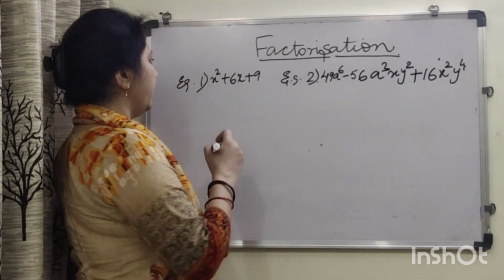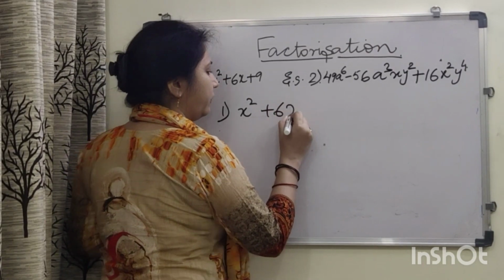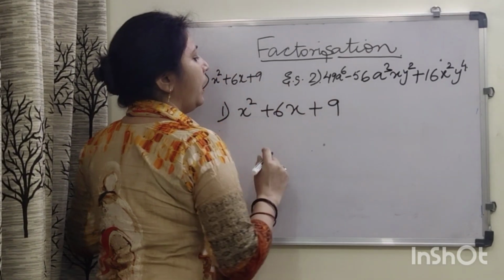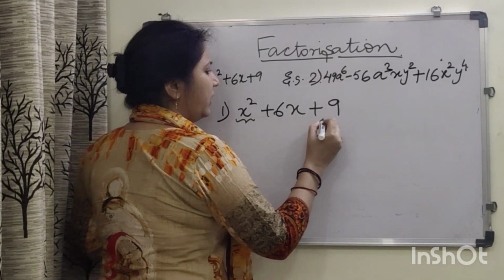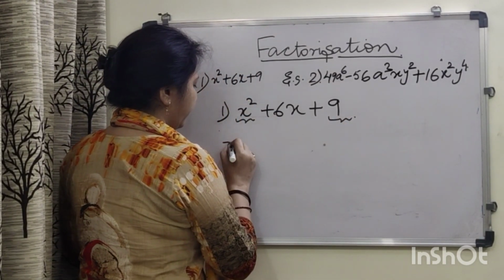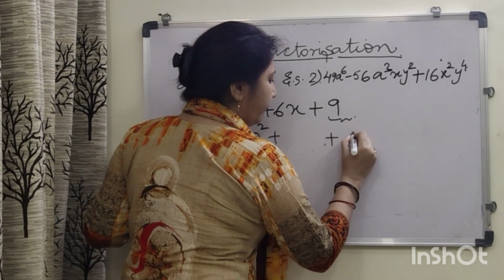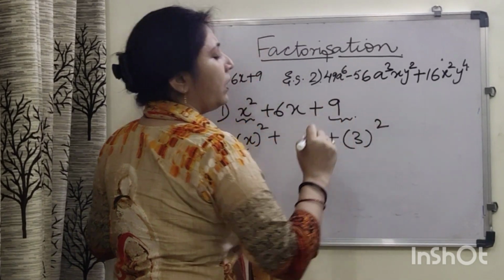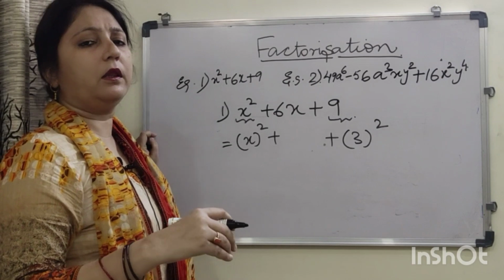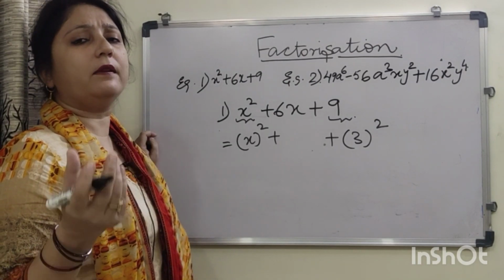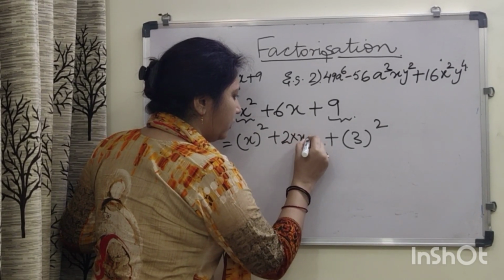The first one is x square plus 6x plus 9. If you look at the expression carefully, you can see two whole square terms, that are x whole square and 3 whole square. Now we try to write the 2ab term on our own, twice the product of the two terms, that is 2 into x into 3.